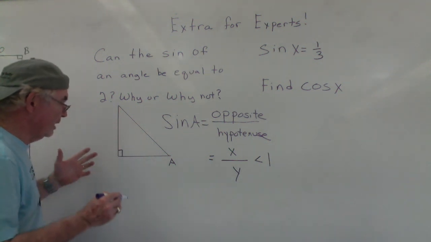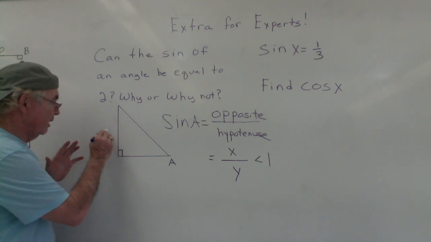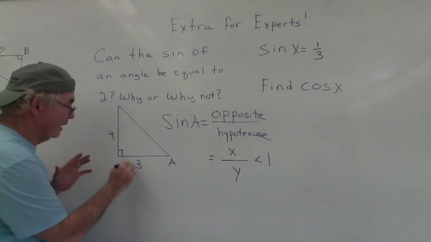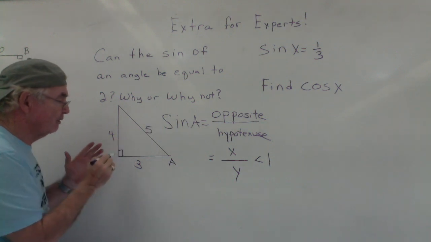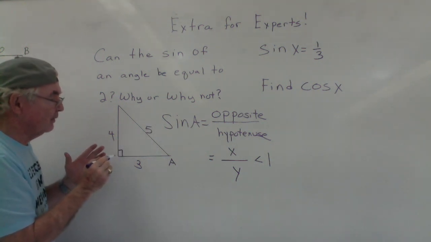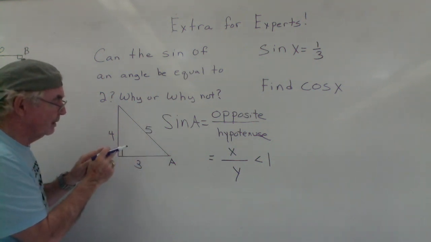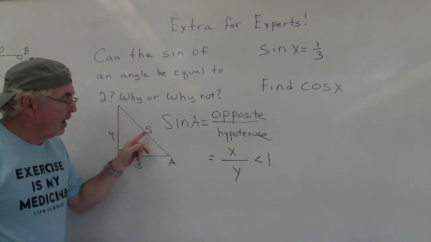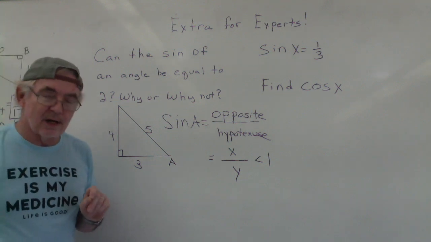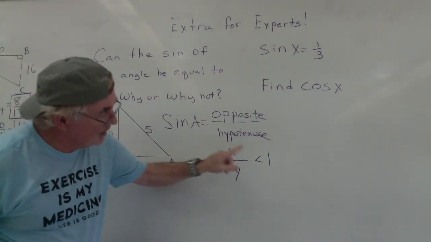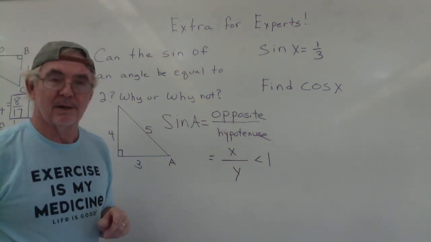If this were side 4 and this were side 3, this would be 5, and the sine of the angle would be 4 over 5. Since the hypotenuse is the largest side, you can never divide and get a number bigger than 1.